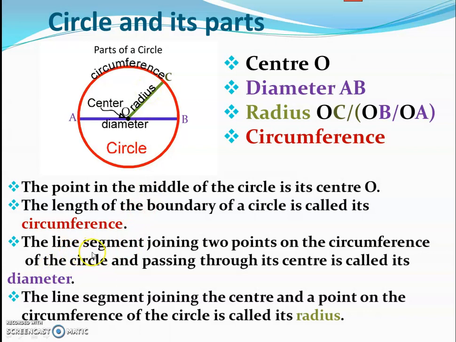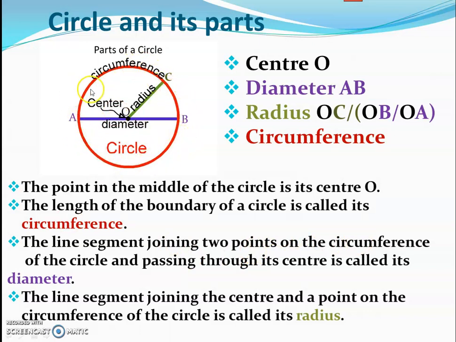The line segment joining 2 points on the circumference of the circle and passing through its center is called its diameter. Now we are aware of circumference.